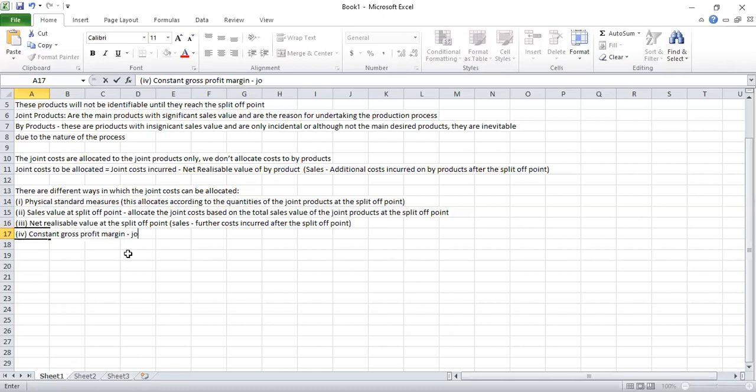Right, with the constant gross profit margin, the joint costs are allocated in a way that ensures that all products have the same gross profit percentage.